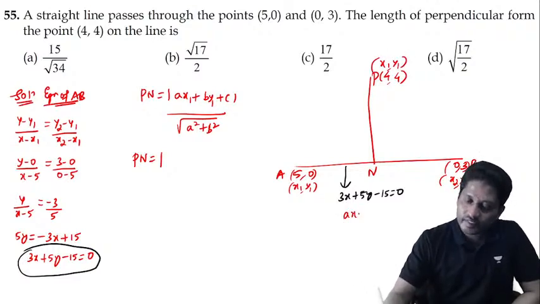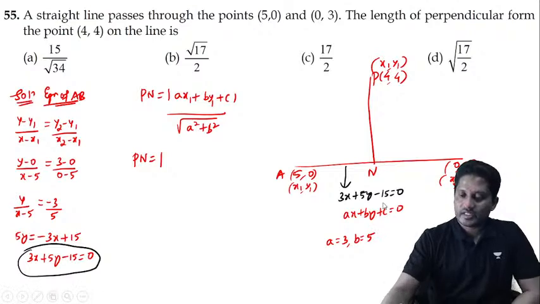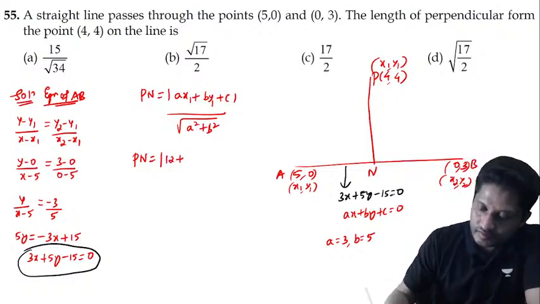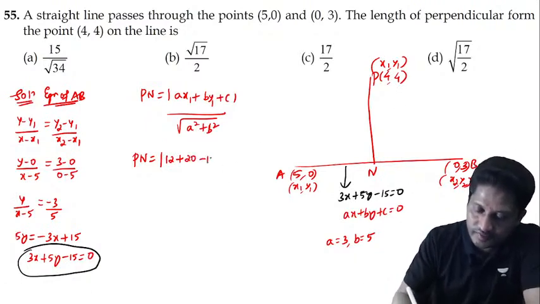This is of the form ax plus by plus c is equal to 0. a will be equal to 3, b is equal to 5. If I take this point and substitute here, 4 into 3 is 12 and 5 into 4 is 20. Keep the constant as it is, minus 15. By root of a square plus b square is 9 plus 25. So you get 17 divided by root of 34.